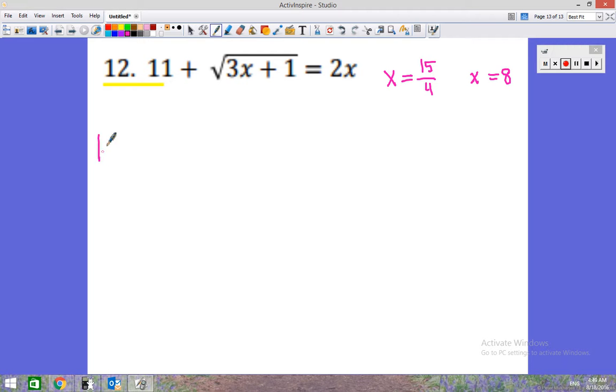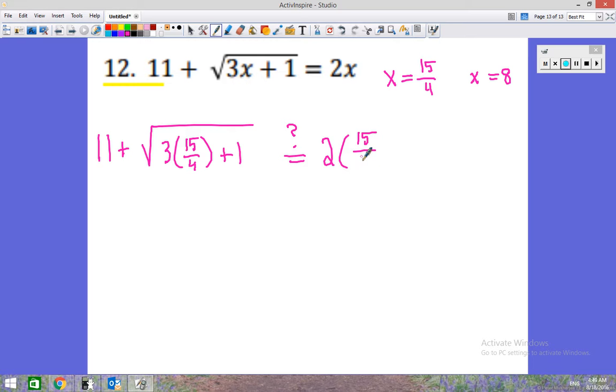On the left hand side we have 11 plus radical 3 times this 15 over 4 plus 1, and the big question is, when we evaluate that, will that be 7.5?